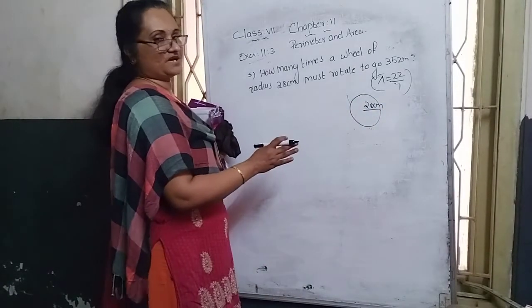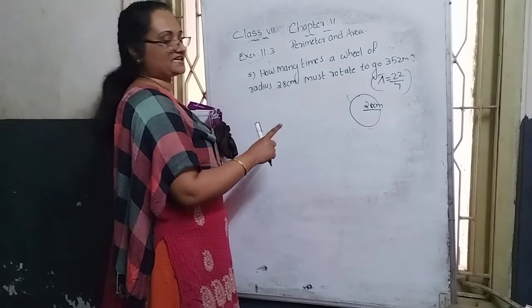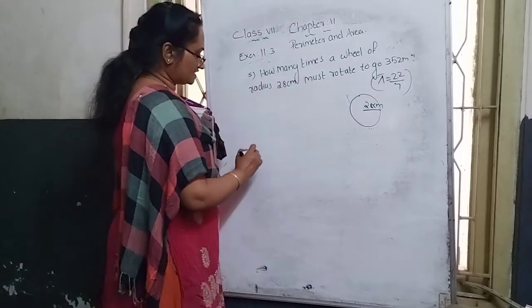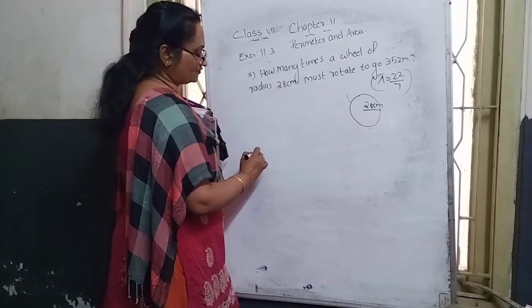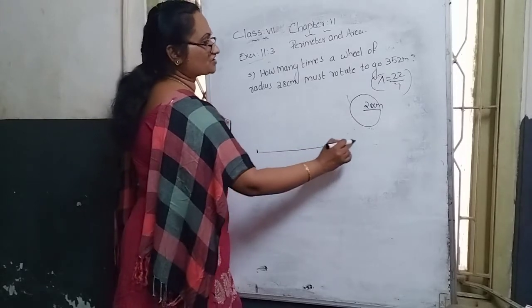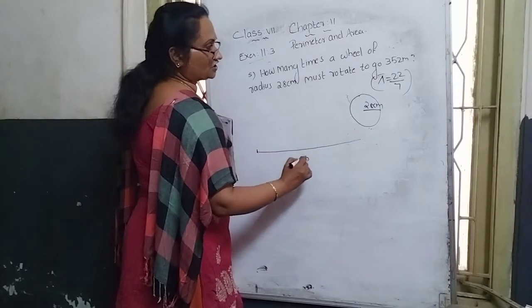Suppose we imagine this is the wheel of a cycle, starting from this point. We want to cover a distance of 352 meter.